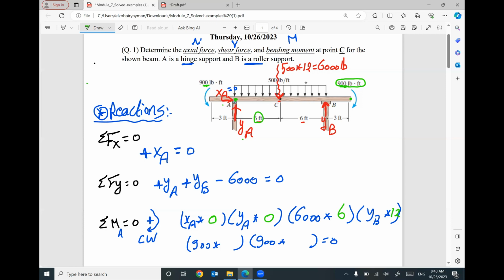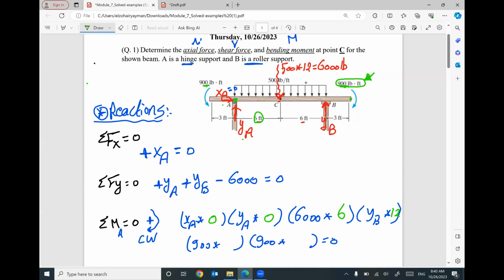Any help? Which 900? Are we talking about the 900 at A or 900 at B? No, 900, this one, which is located at the right end, and I am taking a moment at A. So what will be the distance? There is no distance. What do you mean by no distance? Because it's a moment. Thank you.